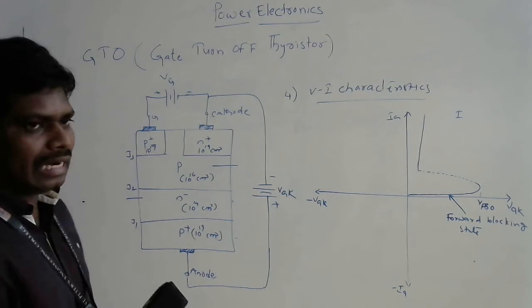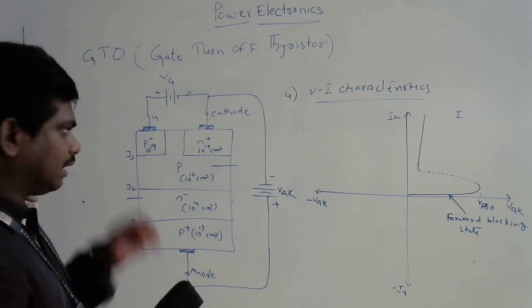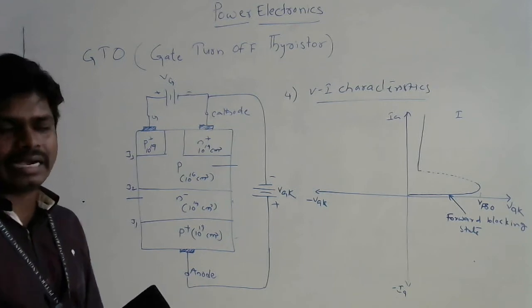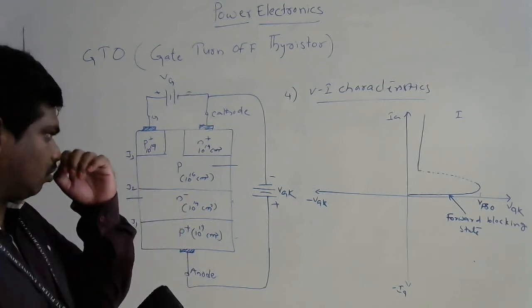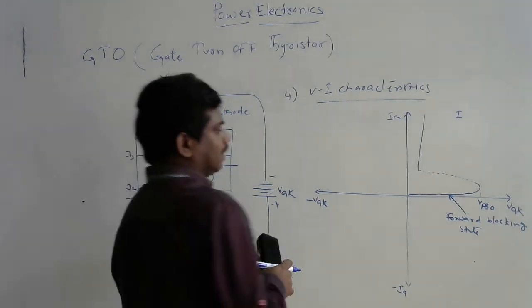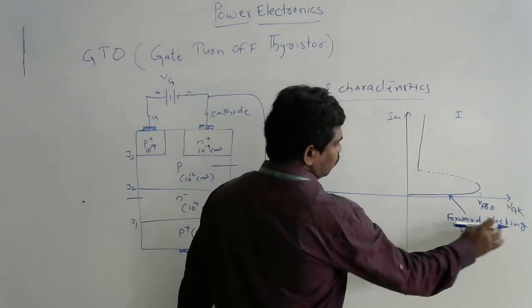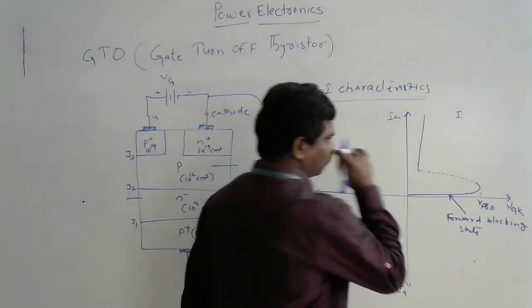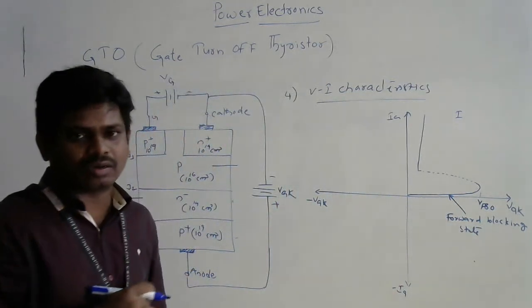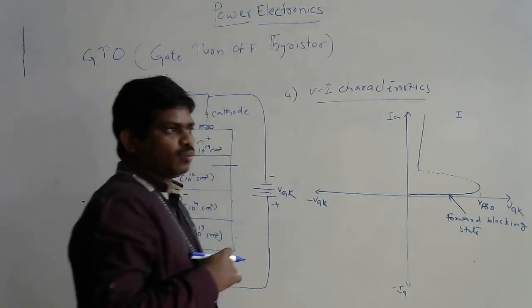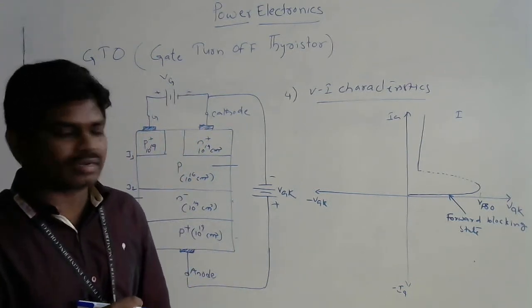Electrons and holes acting as minority carriers in different materials are able to drive some current in the device even though it's not in conducting state. That current is called leakage current. It means the device is still not conducting.